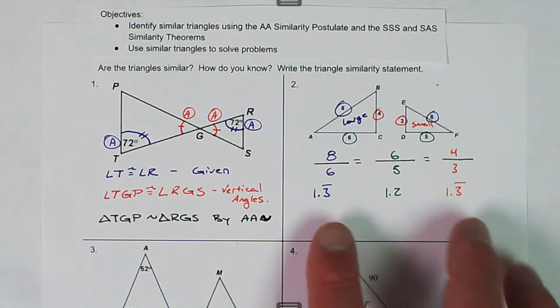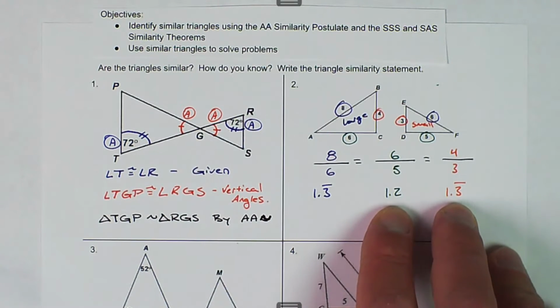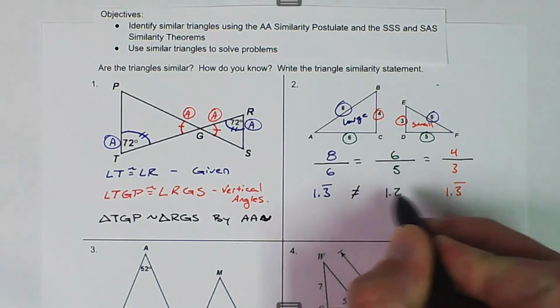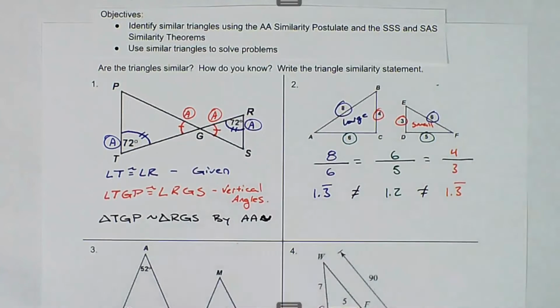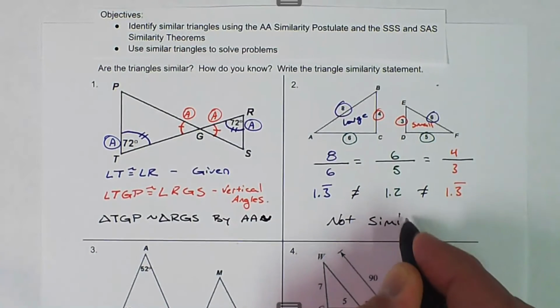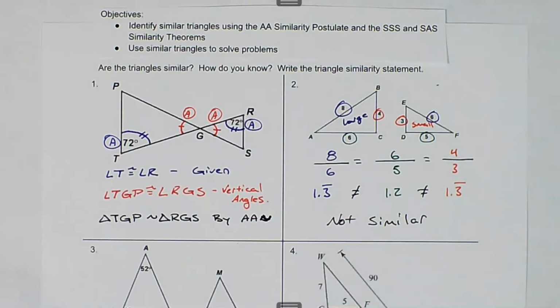So 2 of them are equal, but that third ratio is not equal. Because not all 3 are equal, these triangles are not similar. They have to have a scale factor that would be matched for each one of those.